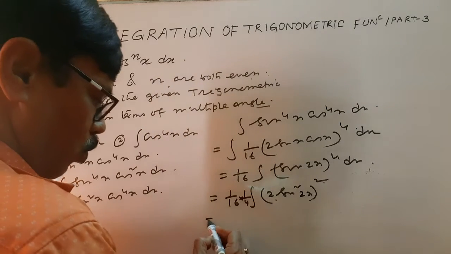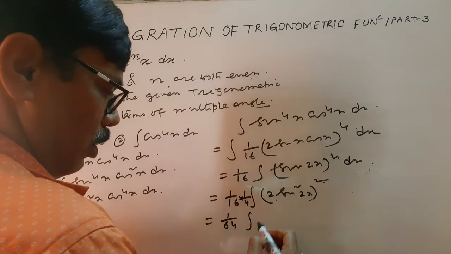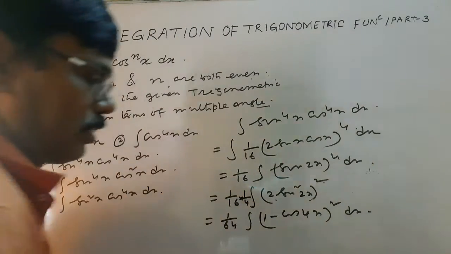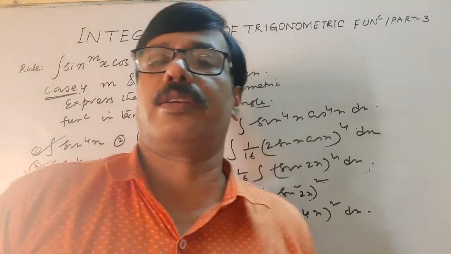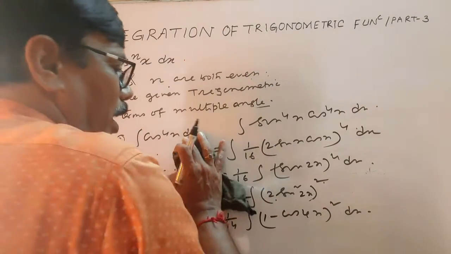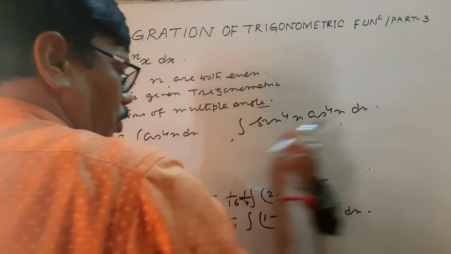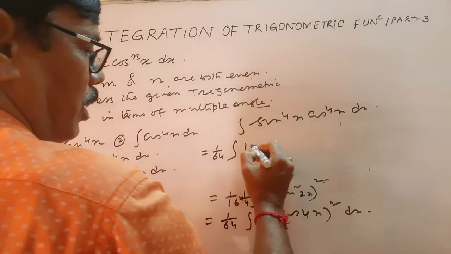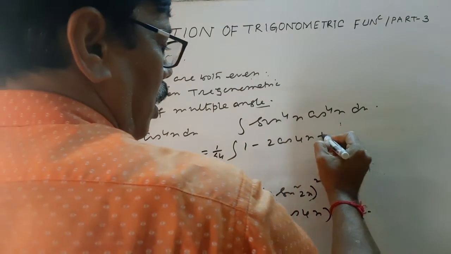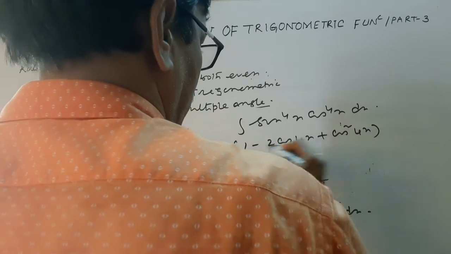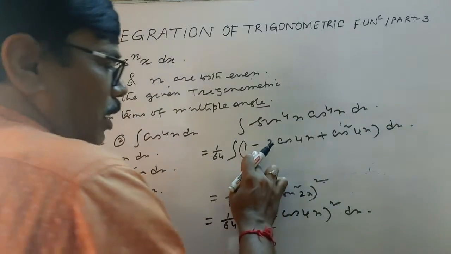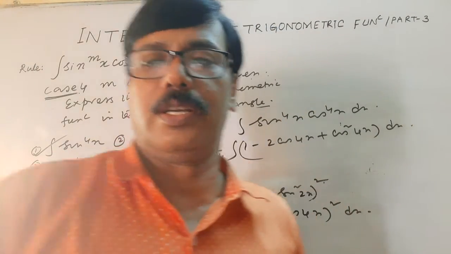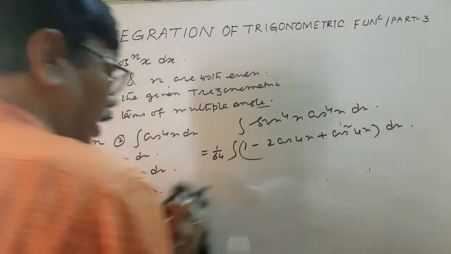So next step is 1 by 64, 1 minus cos 4x whole square. Yes. Now expand it. So 1 by 64, 1 minus 2 cos 4x plus cos square 4x dx. Now it is not integrable, so express it in terms of multiple angle.